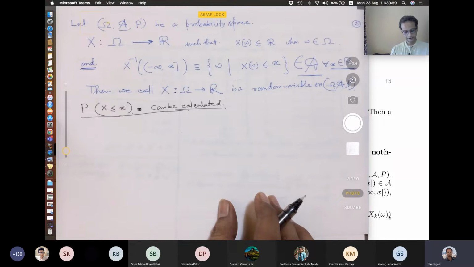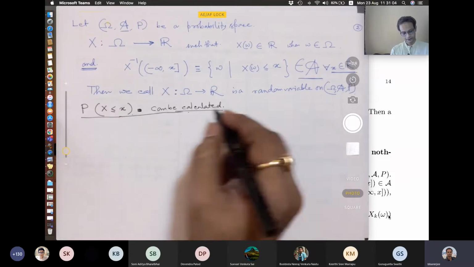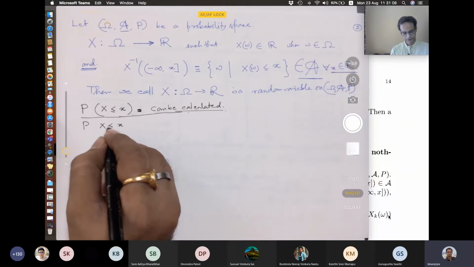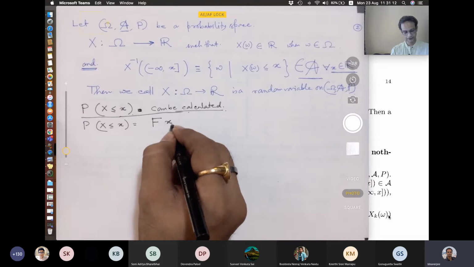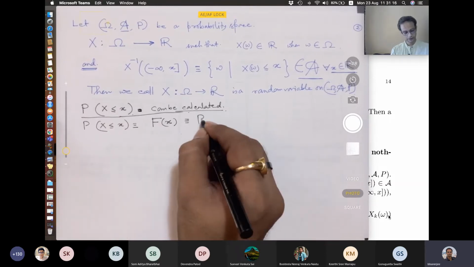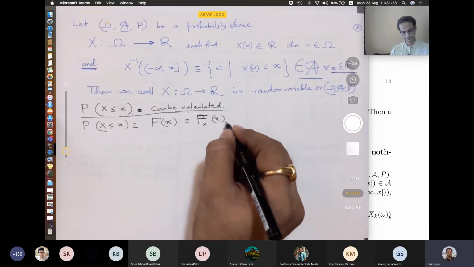And this thing, the probability that X is less than or equal to small x, is often denoted by capital F(x), or also denoted in this way, F_X(x).